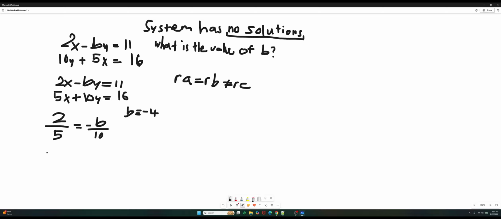Just cross multiply. So 20, because 10 times 2, and 5 times negative b, which is just negative 5b. Now we divide negative 5 from each side, and we will get negative 4, and that's our answer. That's what b is going to be.